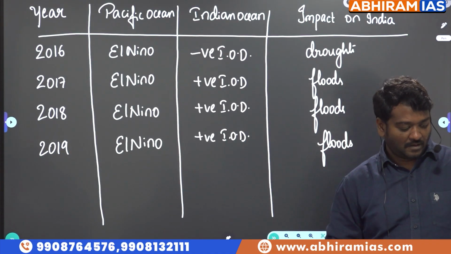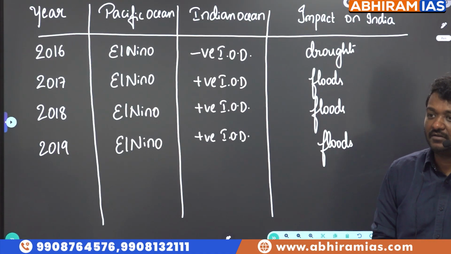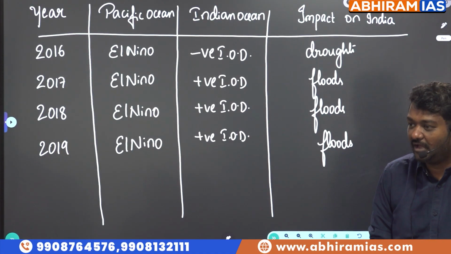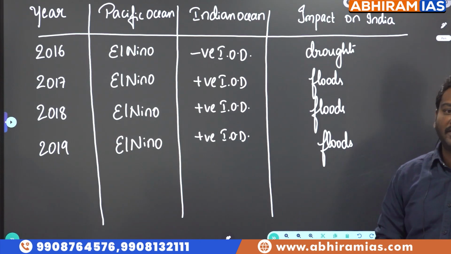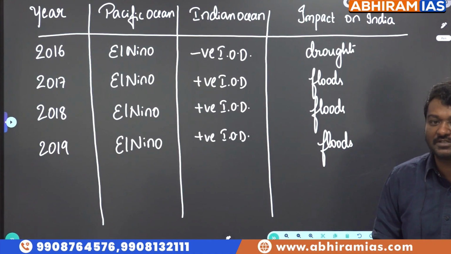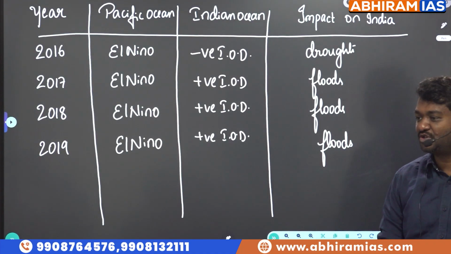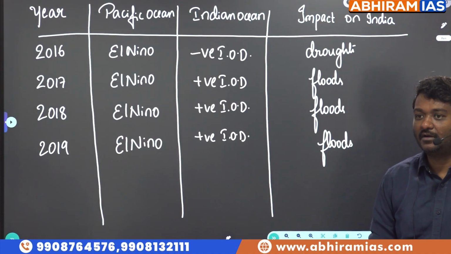Prelims question. IOD is more important than El Nino and La Nina. Do you agree? IOD is more important than El Nino and La Nina. Correct? Even if El Nino is there, can I say if we have positive IOD, there is possibility of floods? Yes. So should we consider El Nino or should we consider IOD? IOD.